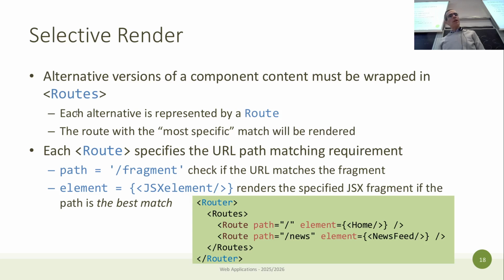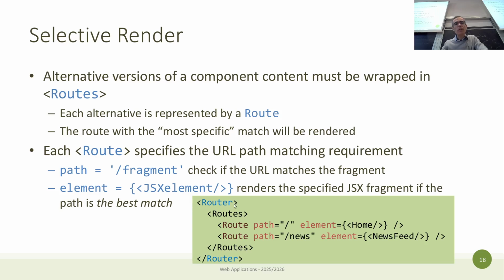Per alternative, only one route can be matched by the router. Otherwise, you don't know what to render, right? Either 1 or 2 or 3, 4. So each route specifies the URL path matching requirements, /fragment, /news, and so on. And the element contains some JSX to be rendered. Very simple, I think. It's quite intuitive, right?